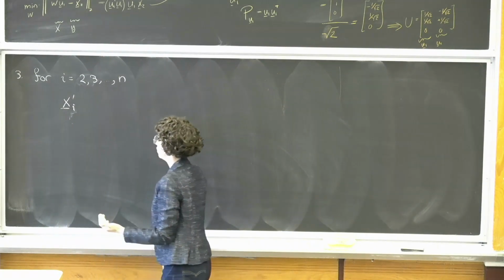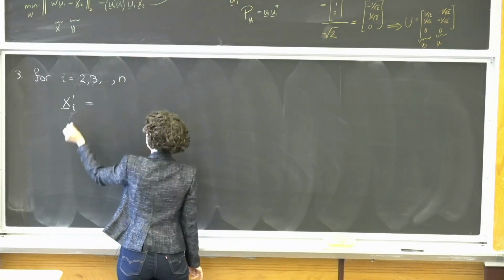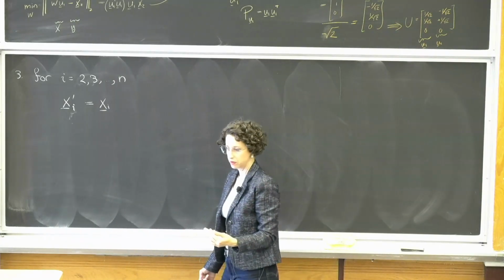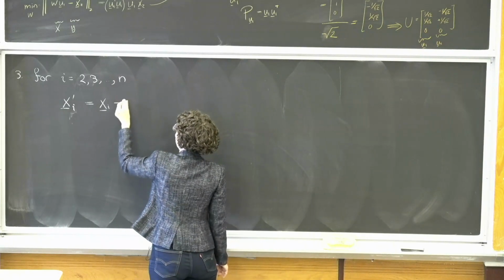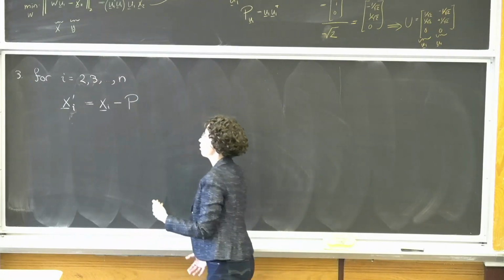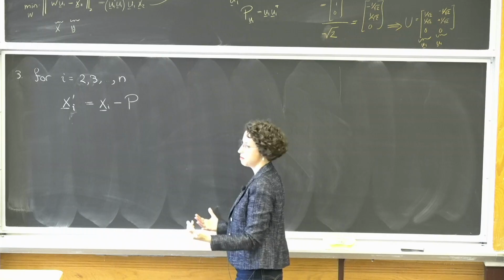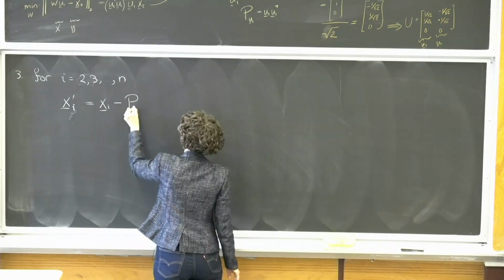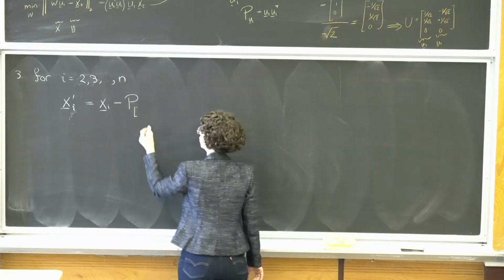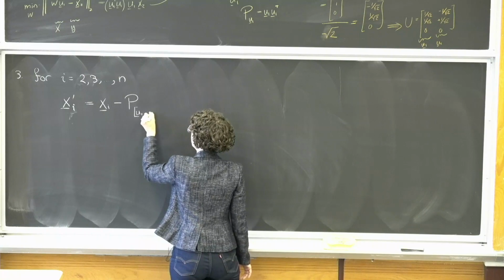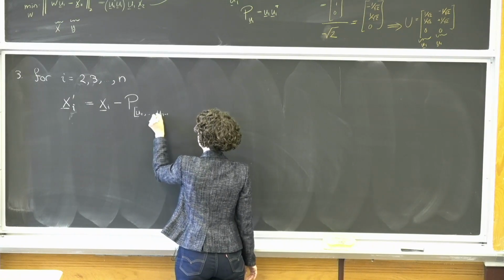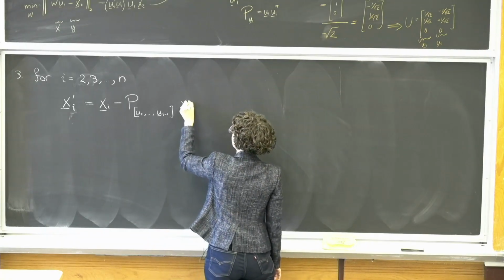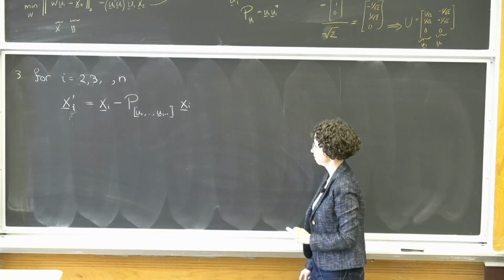This is our residual that we've been talking about, which we compute by taking our next sample xi and subtracting all of the components of it that are already represented by the basis that we've learned so far. So my current basis matrix is u1 all the way to u(i-1), all of the basis vectors so far. And then I project my sample xi onto that.